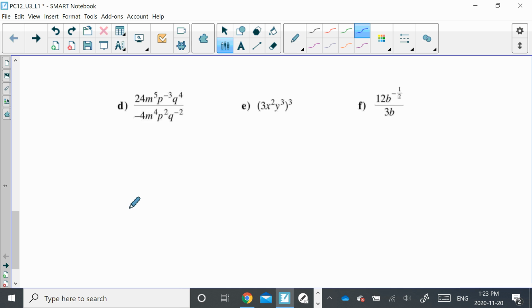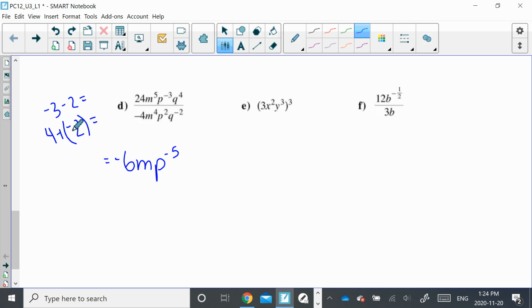Okay, so let's look at this. This is going to be quotient law. 24 divided by negative 4 will give you negative 6. M to the 4 divided by m to the 5, you subtract your exponents. 5 minus 4 is m to the 1, and I don't need to write that invisible 1. Negative 3 minus 2, so I'm just going to write that off to the side. Negative 3 minus 2 would give me negative 5. Q is 4 minus negative 2.